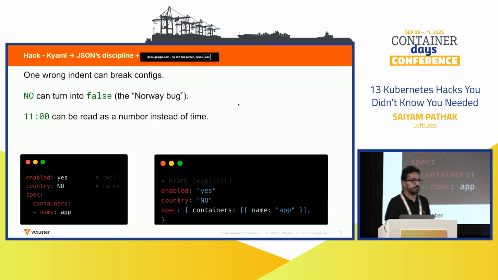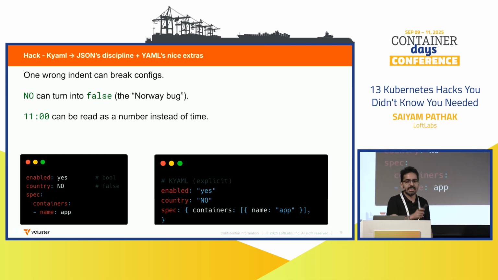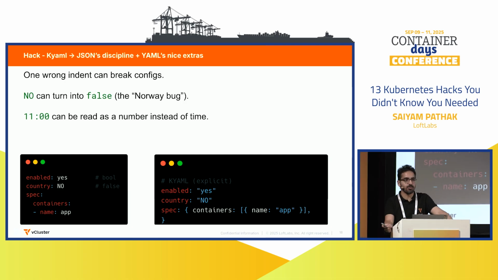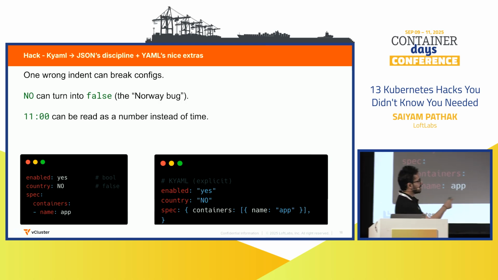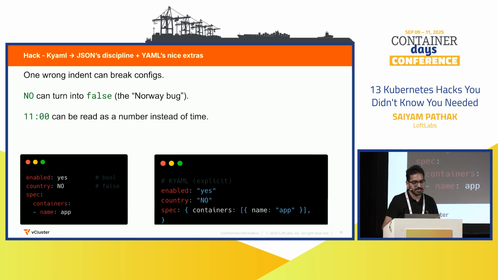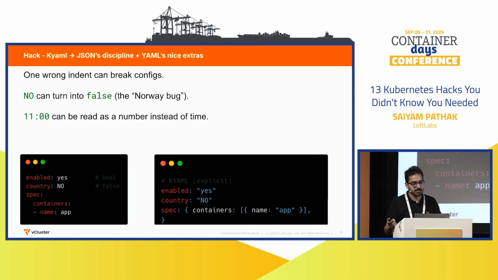Next one is KYAML. How many of you have heard about KYAML? Okay, cool. So KYAML was introduced in 1.34, which is the latest Kubernetes version, as an alpha feature. So it's basically, you can say, best of both worlds kind of thing. If you see on the left hand side, you have a YAML representation where no can mean false, but in KYAML everything is explicit.